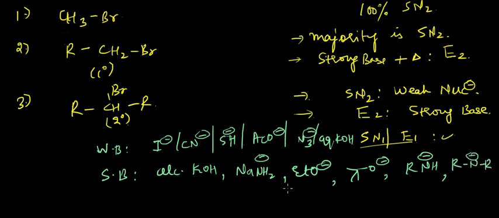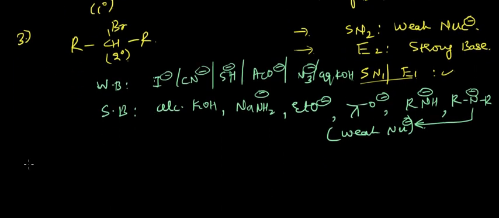Okay, so actually this is a weak nucleophile, but it's a good base. It's a weak nucleophile. Why is it a weak nucleophile? Because of obvious steric hindrance reasons. Okay, so now let's see for the fourth compound what type of reactions we can have. This is a tertiary carbon atom.